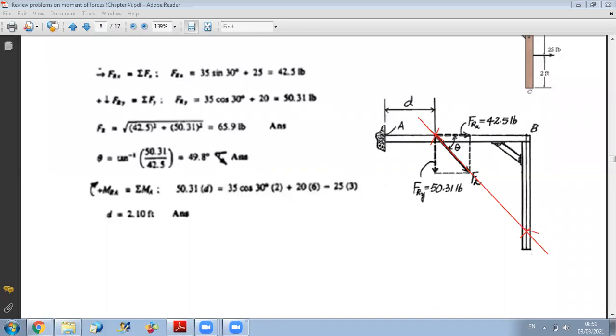If I want to place my force on BC, what should be its location to have just one single force without the need of adding a couple? From geometry, you can deduce the location because you know the inclination theta of your force. By doing tangent, theta is FRY over FRX, in absolute value.